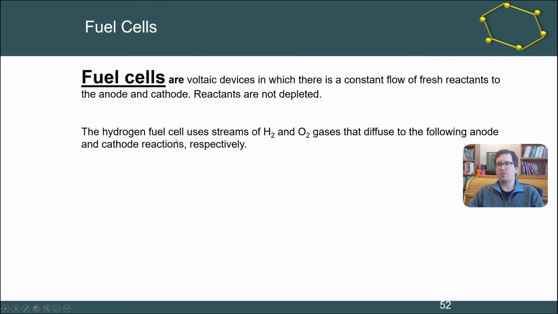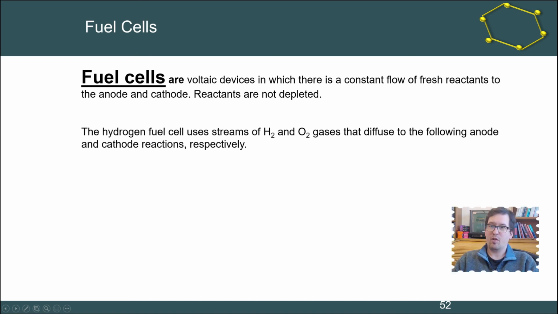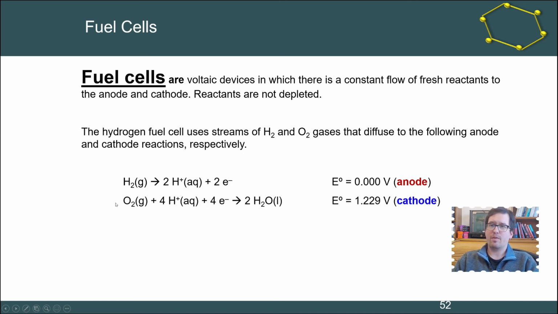So the hydrogen fuel cell uses streams of, again, hydrogen and oxygen gas that diffuse to the following anode and cathode reactions respectively. So again, we're pumping hydrogen in, it's producing electrons and forming acidity. We're again taking oxygen from the air, combining it with some of that acidity, combining that then with electrons, reducing that to water.